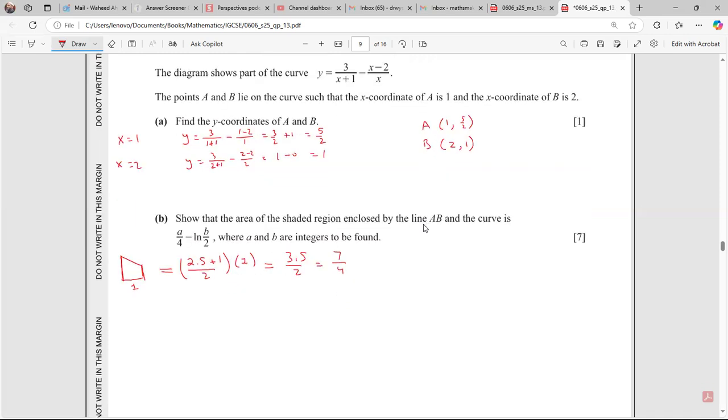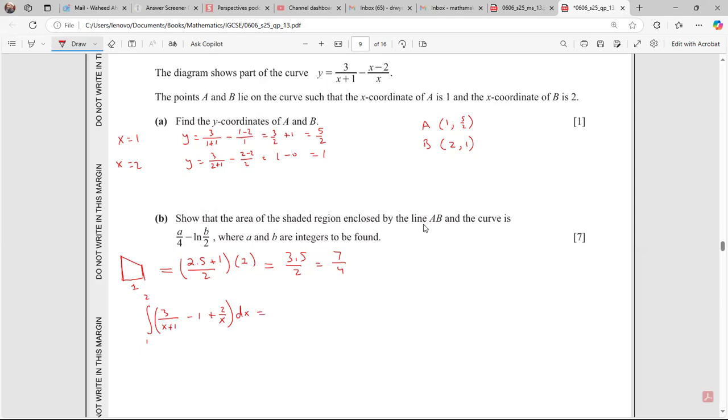Now I'm going to find the area under the curve. The area under the curve is from 1 to 2, and we have to integrate this function 3 over x plus 1, and I will write it as minus 1 and plus 2 over x. Am I right? I have no confusion about it. This is an easy integration.